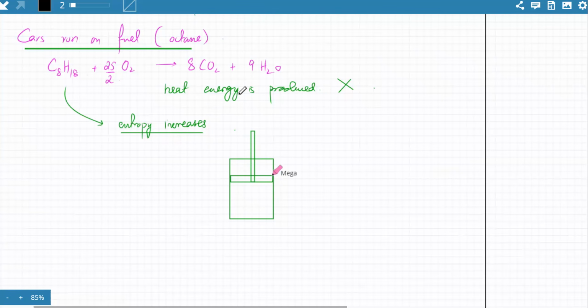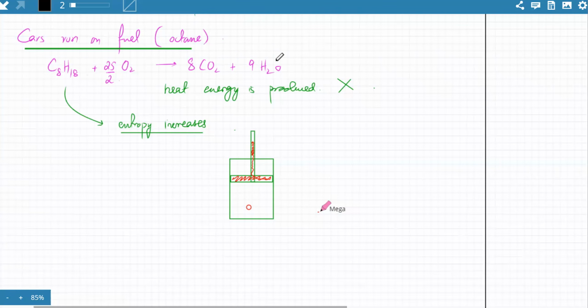You've got these pistons, and these pistons help the car run. You add a molecule of octane. Let's say this is a molecule of octane. You add one molecule of octane, and assuming the car engine is at a higher temperature, there will be 8 carbon dioxide and 9 water molecules.